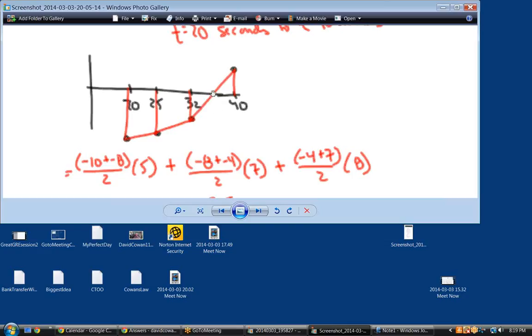So the particle is stopped right there because the velocity is 0. But down here, the velocity is negative, meaning it's moving to the left. Up here, the velocity is positive, meaning it's moving to the right. So you can't go from the left to the right without stopping.